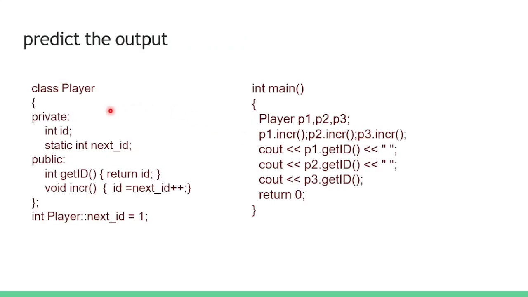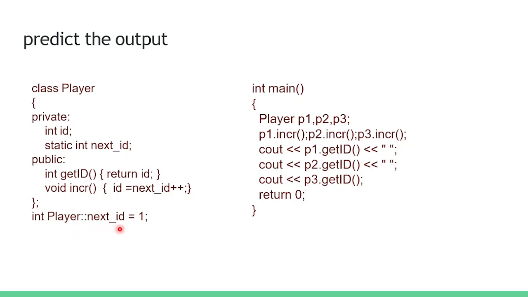We have a program here, which is class player, and we have private int id, and we have a static data member, which is static int state. Then we have a public section inside which we have a function. Then we have another function.